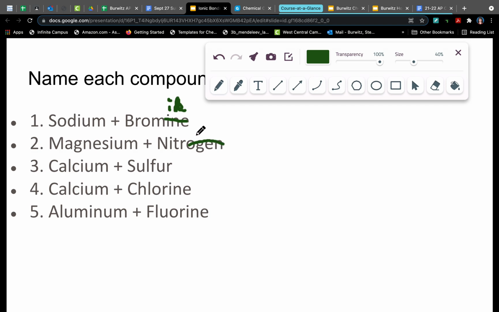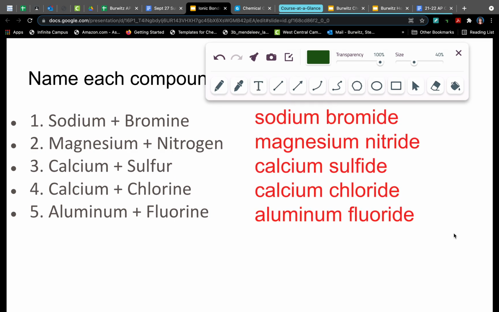We have magnesium, drop the ending, add IDE: nitride. Same thing, calcium plus sulfur should be calcium sulfide. And so on. So I'm going to pop the answers to the examples up here. We've got sodium bromide, magnesium nitride, calcium sulfide, calcium chloride, and aluminum fluoride.